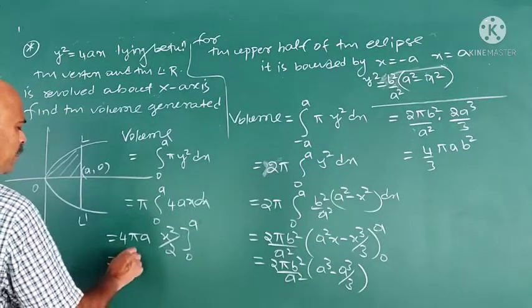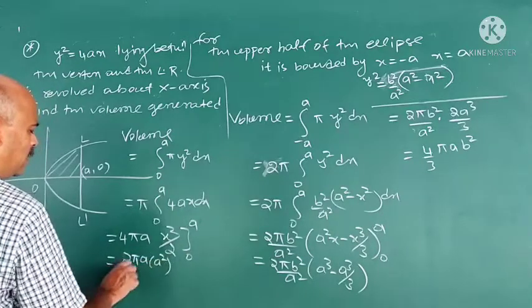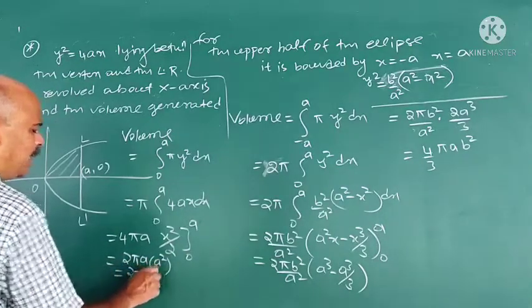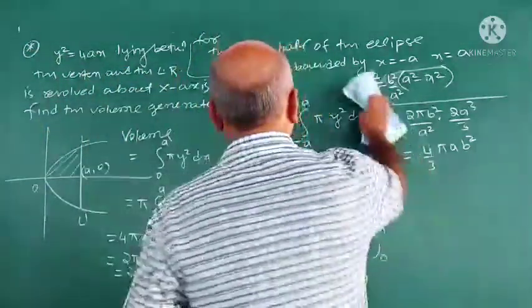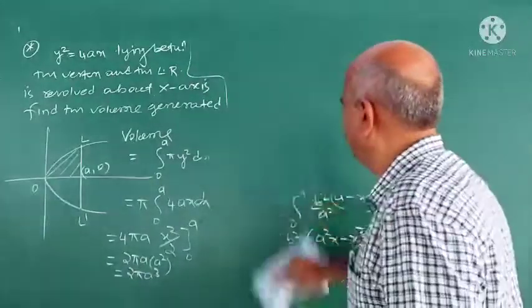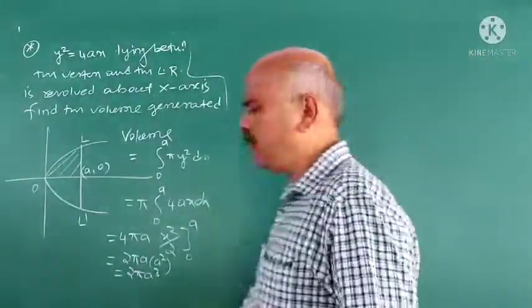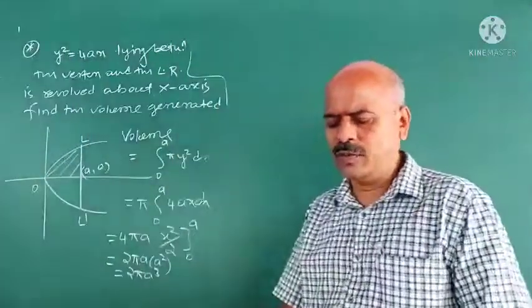So 2 pi a into A square, so 2 pi A cube is the volume of the solid obtained by revolving the parabola.